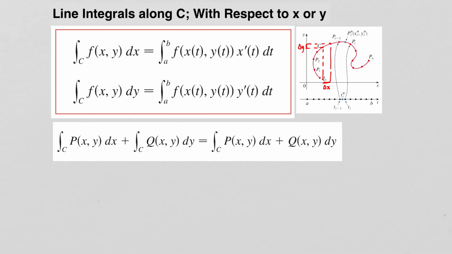Now, oftentimes we will be interested in adding these two integrals together. So if I have the integral of some function of x and y, let's say p of xy along a curve with respect to x, and then I want to add to it the integral along the same curve of a different function with respect to y, oftentimes we take the convenience to simply write this in the following manner. Let's take a look at an example.